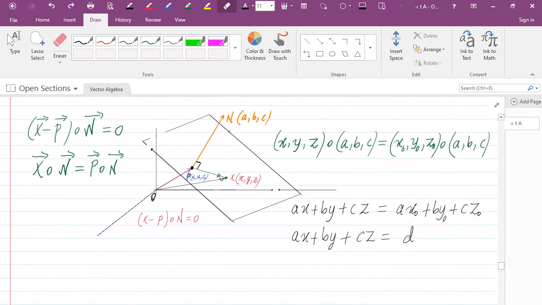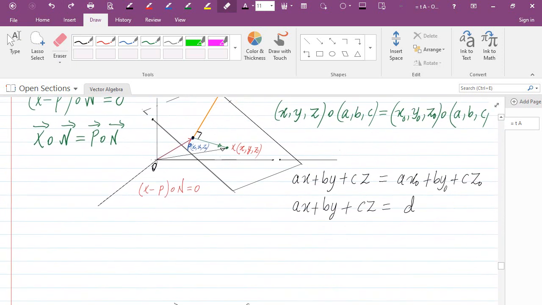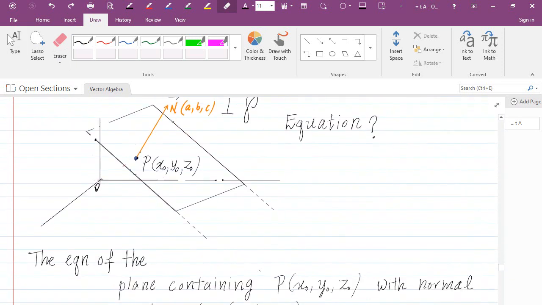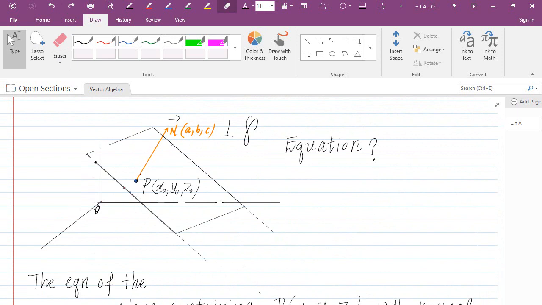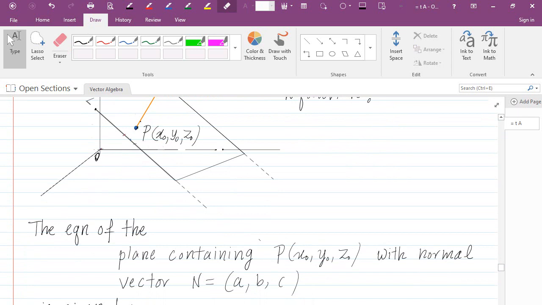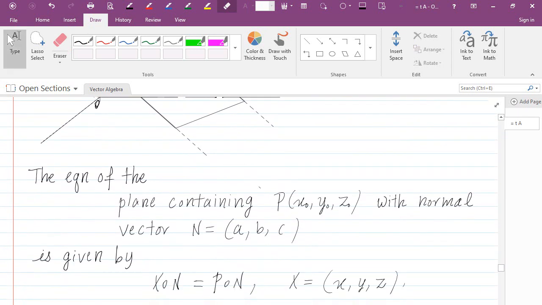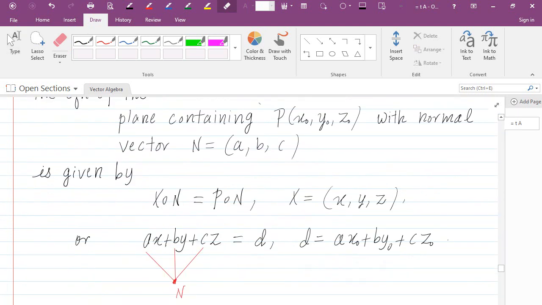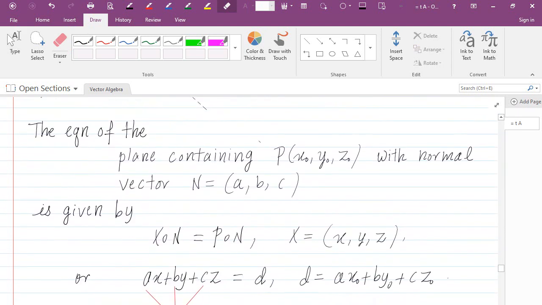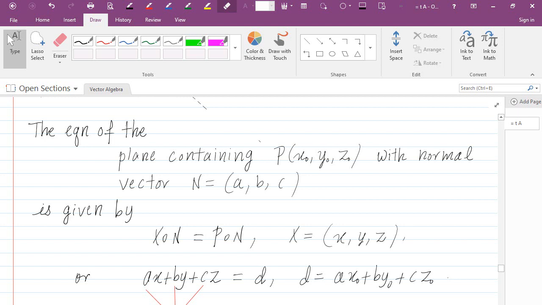So the equation of the plane is given by this. What we have found is that the equation of the plane containing the point P with normal vector n is given by X dot n is equal to p dot n, where capital X is (x, y, z), an arbitrary point on the plane.